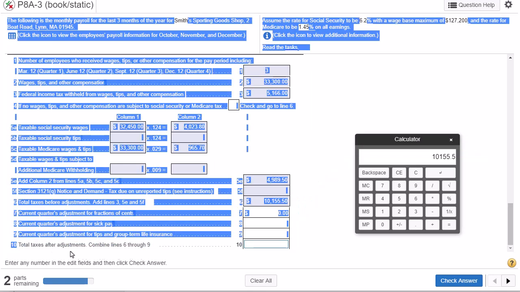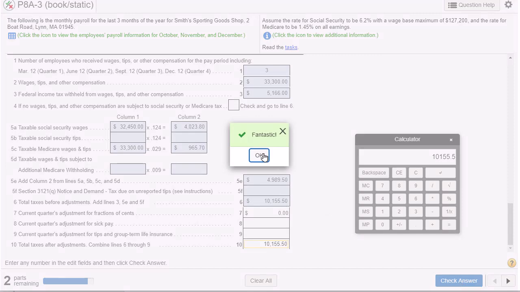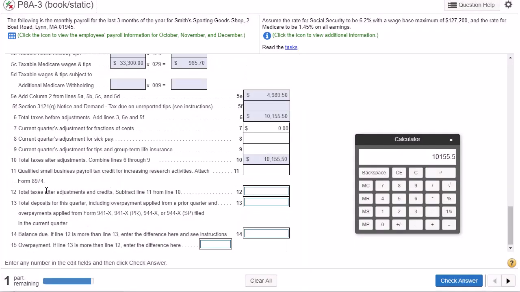So line 10 says total taxes after adjustments. Line 6, right here, through 9. So 10,155.5 plus 0 is 10,155.5. Line 12, total taxes after adjustments.